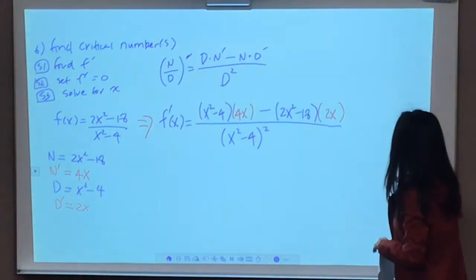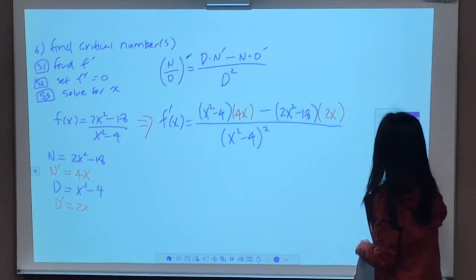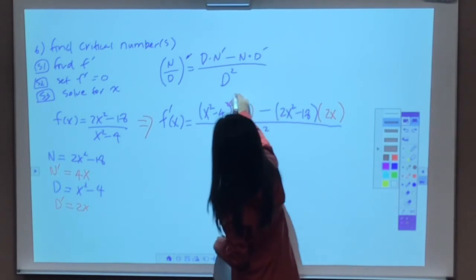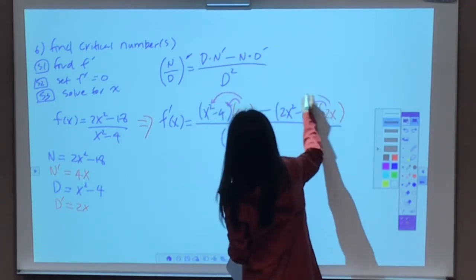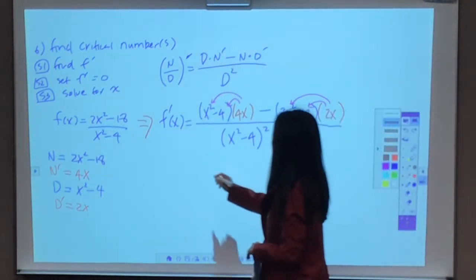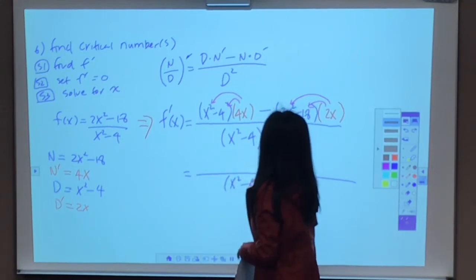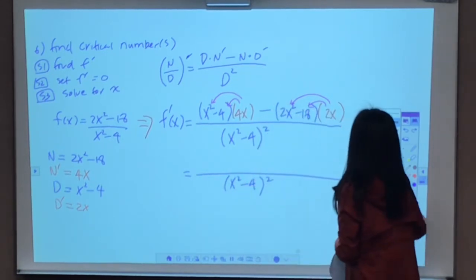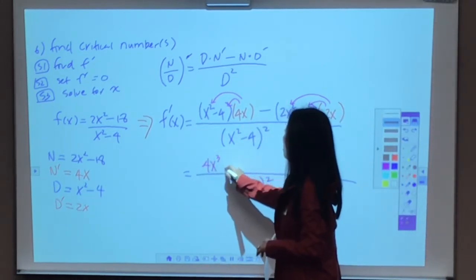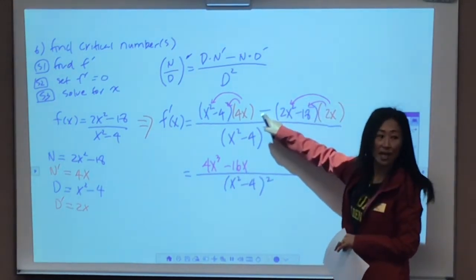All right, now we gotta do what? For the distribute it, that's right, we gotta distribute it. When you distribute it, what do you get here? 4x to the third minus 16x. All right, does everybody see I have a negative sign in the front?